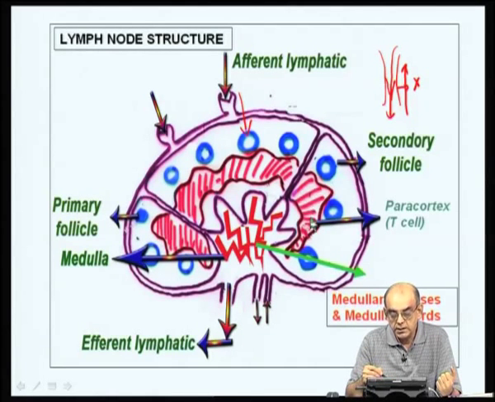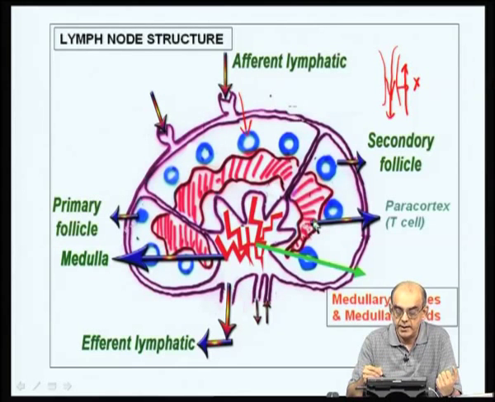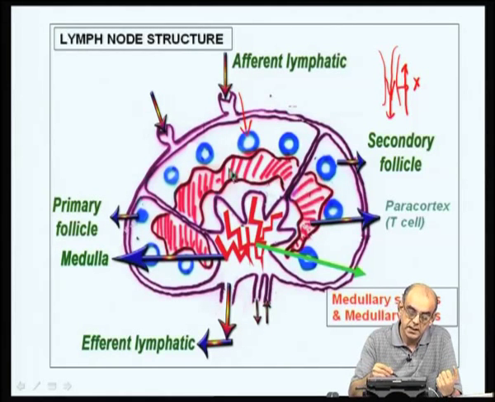So, all these cells in one way or another migrate, some of them migrate to these follicles, but the majority of these T cells are found here, and many of them are cells that are getting activated as the antigen filters through the lymph node from the follicular or the outside area into the paracortical area.